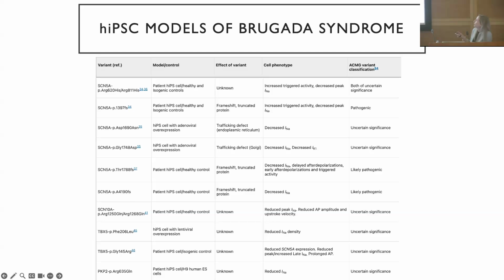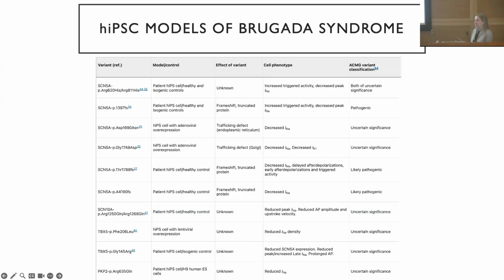There's only two that are pathogenic, one pathogenic, two likely pathogenic. And so this, I think, presents an important disconnect between what's happening in the lab versus what's happening in patients. And really, I think one of the take homes from this is that we should probably be focusing, to some extent, more on the variants that we know are important in Brugada.